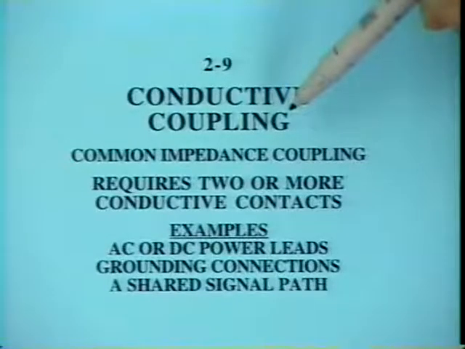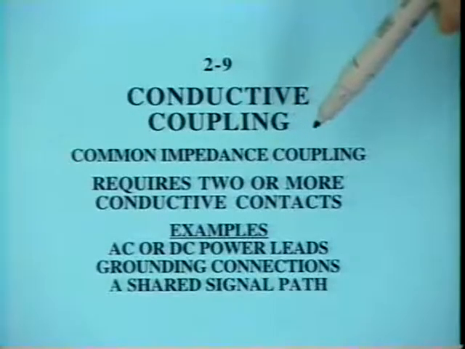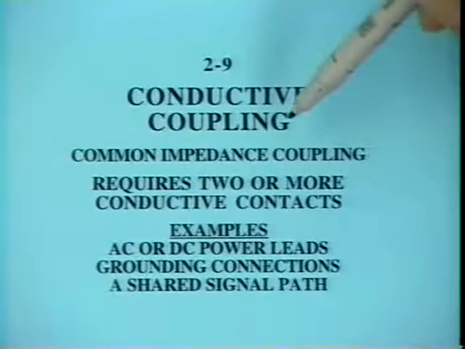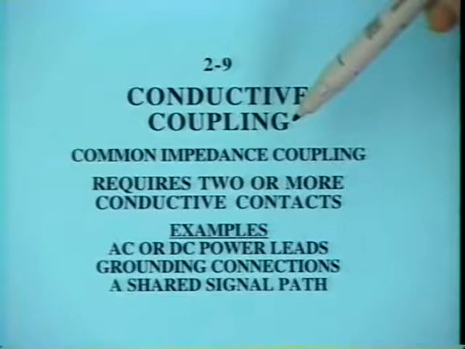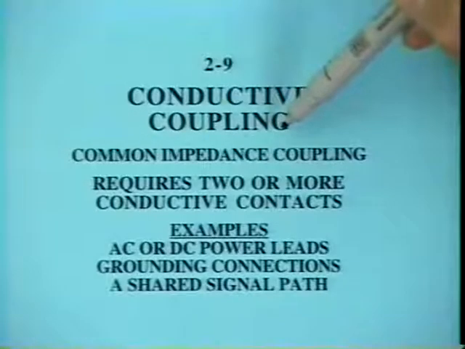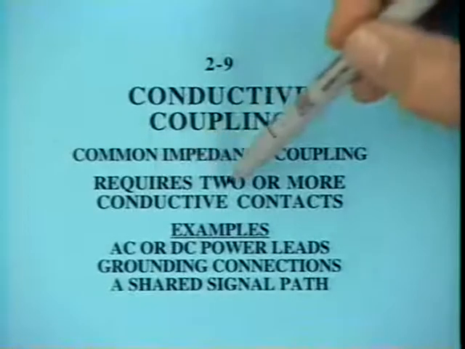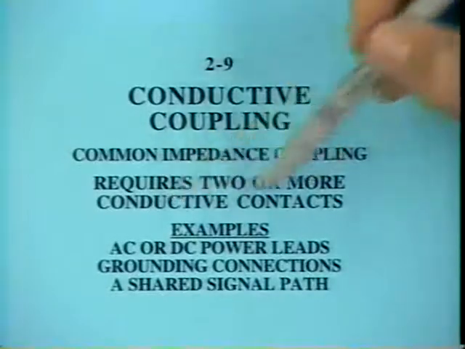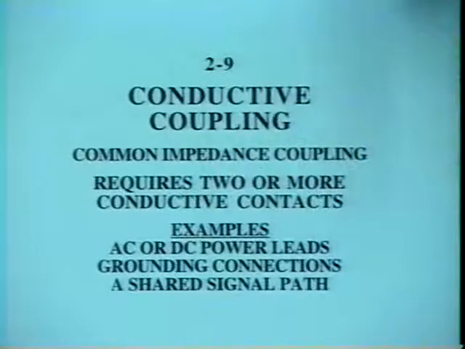The level of the interference may not be enough to be noticeable, so we may get away with that sometimes, but generally two currents sharing the same impedance should be a flag for us to be concerned about. What does this conductive coupling require in the way of a hardware situation? It requires 2 or more conductive contacts between the two circuits.